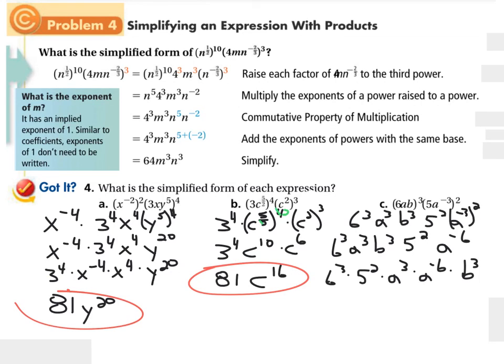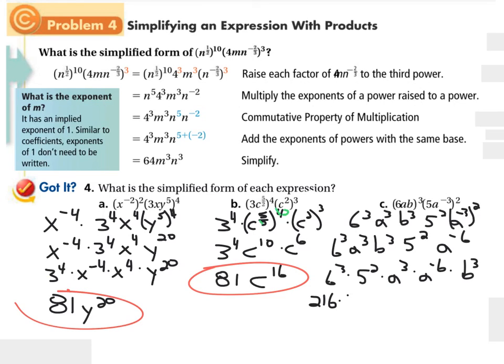And what do we have? We have like bases on this a here, okay? So we can add those exponents together. What's 3 plus negative 6? It's negative 3. So we got 6 to the third, which, by the way, is 216.